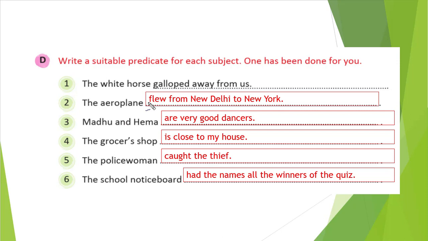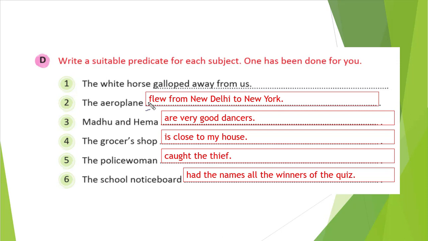What can an aeroplane do? An aeroplane can fly, right? The aeroplane will fly from New Delhi to Mumbai, or to Surat, that also you can write. Or it already flew, it has already happened. So in past tense you can write flew from New Delhi to New York. Whatever you find comfortable here you can write.